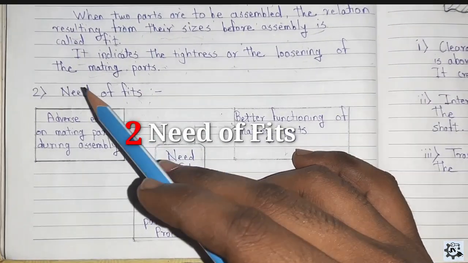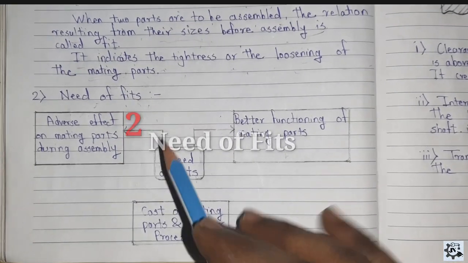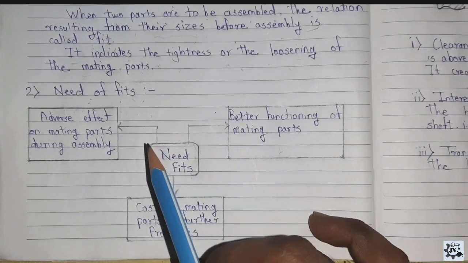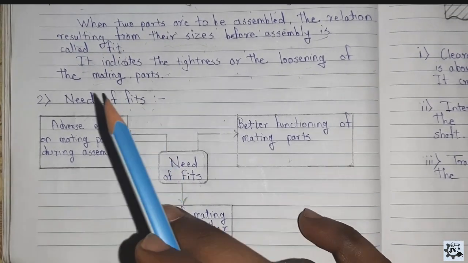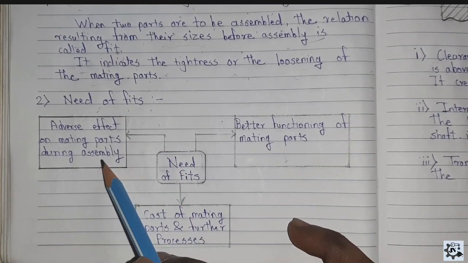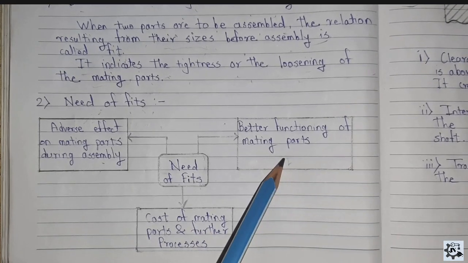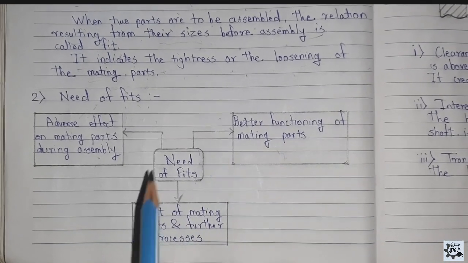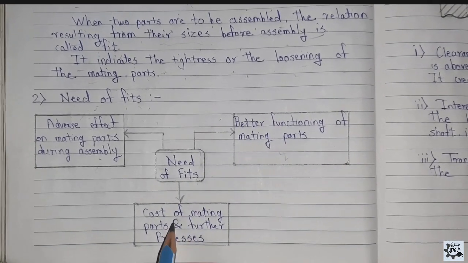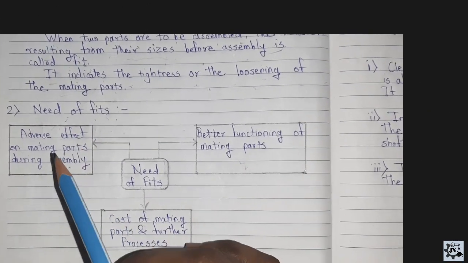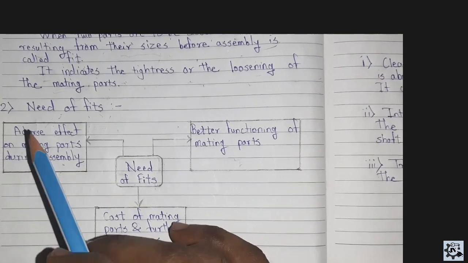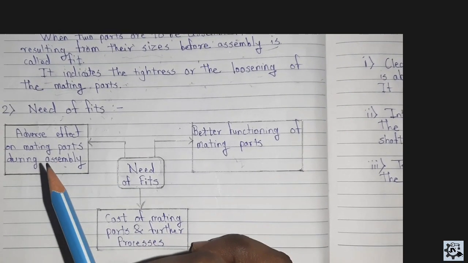So let's start with the need of fits. The need of fits can be easily understood by considering three different factors. First is the effect during assembly of mating parts, second is the effect during functioning of the mating parts, and third is the cost. Let's consider we have assembled two parts without considering their fits relationship.